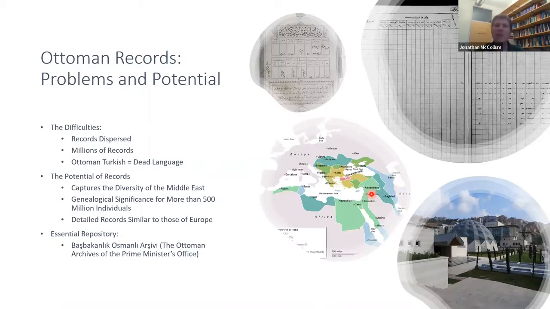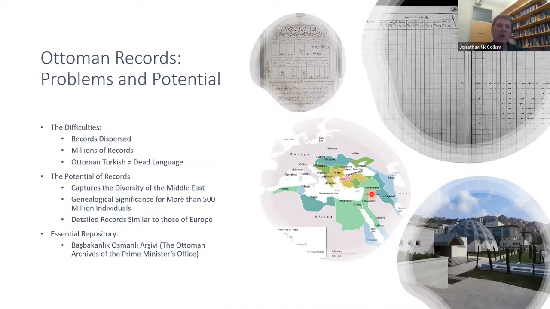For one thing, these records captured the diversity of the Middle East. The Ottomans kept records on all of their subjects, whether they were Christian, Jewish, or Muslim. And when we think of the size of the empire, we know that at least 500 million people in the world today have ancestry that can be traced back into the Ottoman Empire.